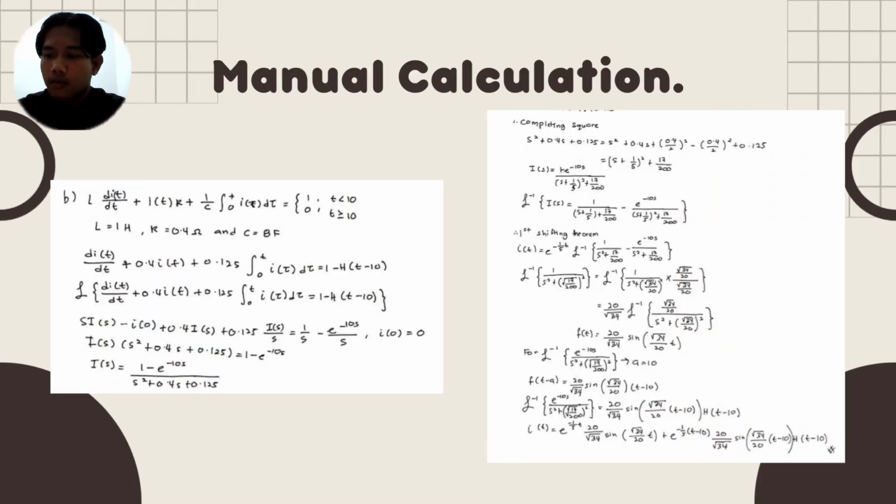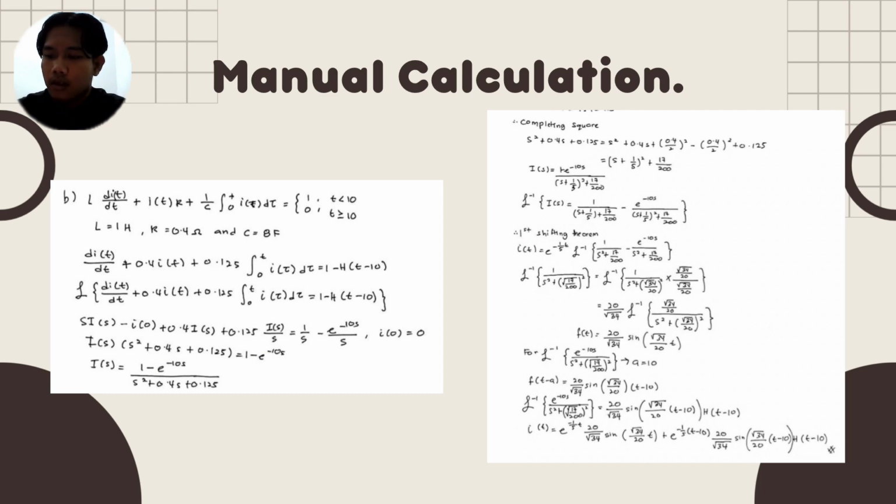For question number 4b, the Laplace of L di/dt plus Ri plus 1 over C integral from 0 to t of i dt equals a limit: 1 for t less than 0, and 0 for t more than 10.